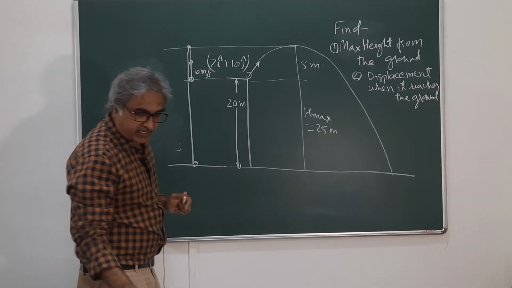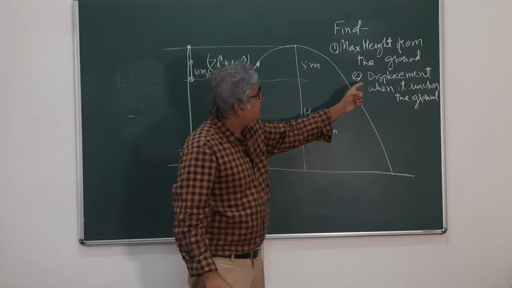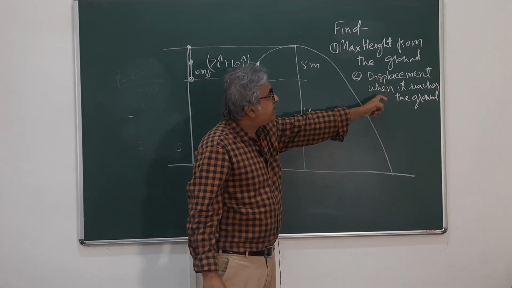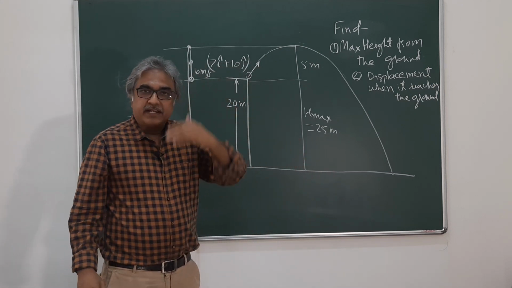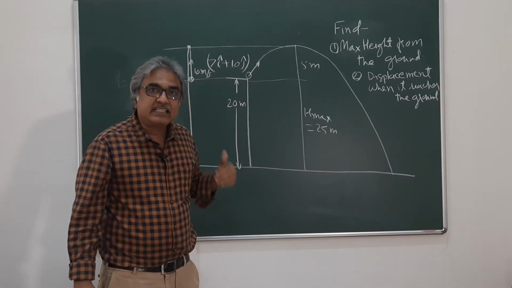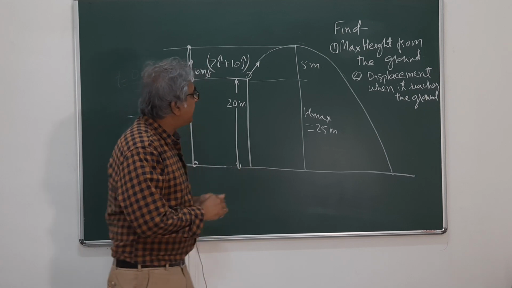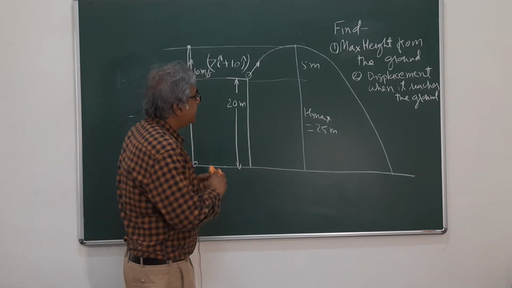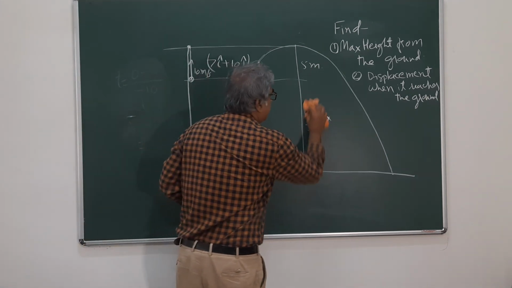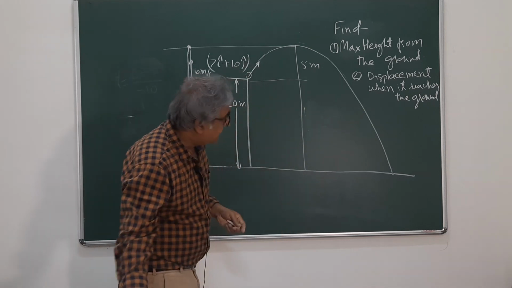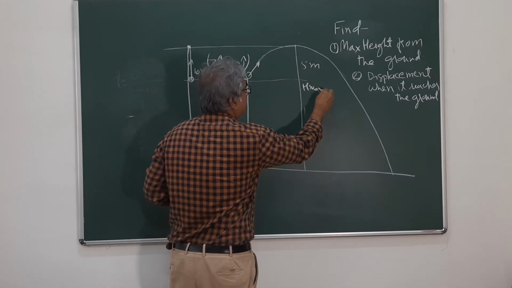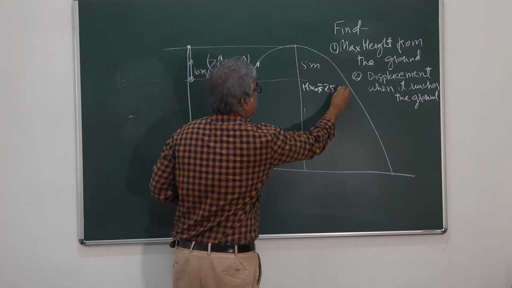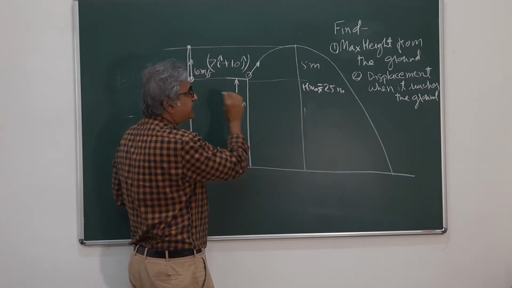Okay, now let's consider the second question. You are asked now, what is the displacement when the projectile reaches the ground? What do you mean by displacement? It's the final position minus initial position. So this is H max, which is 25 meters. We want to find out displacement.